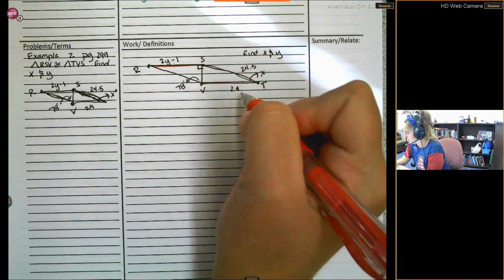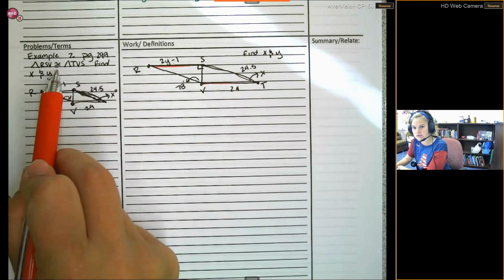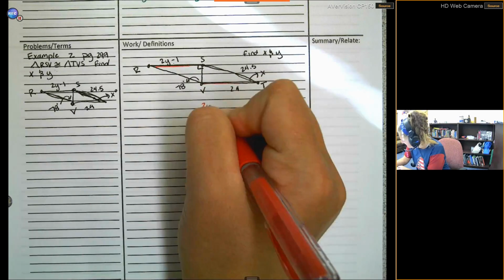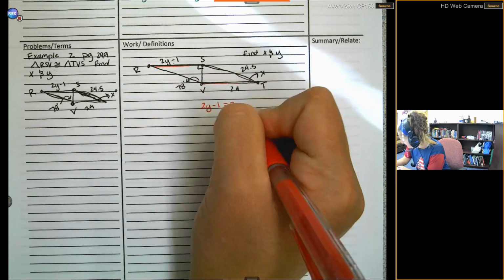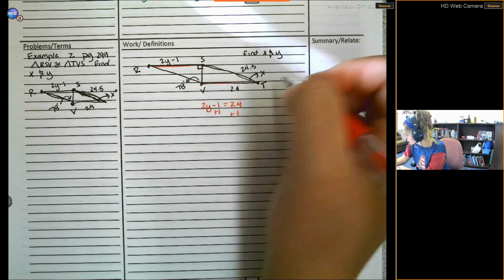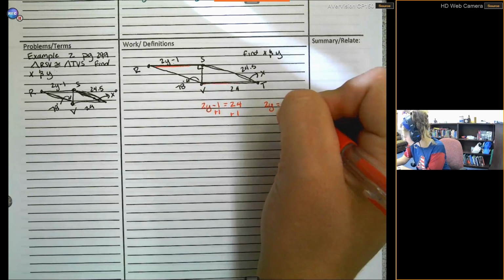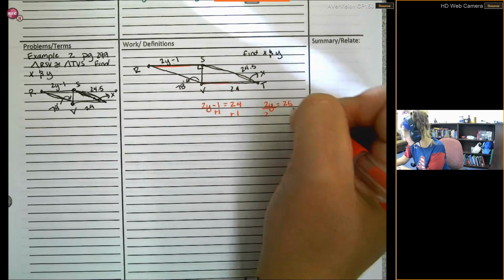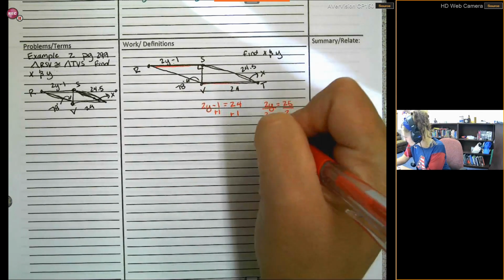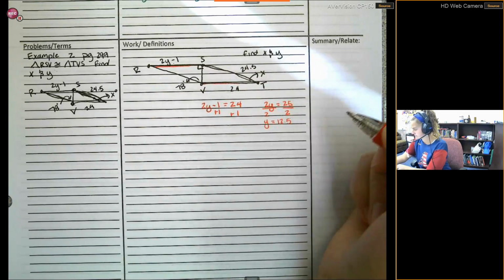So we know that 2y minus 1 should equal 24 because they are congruent. Okay, and we can solve this easily. So 2y equals 25. Divide by 2. Y equals 12.5.